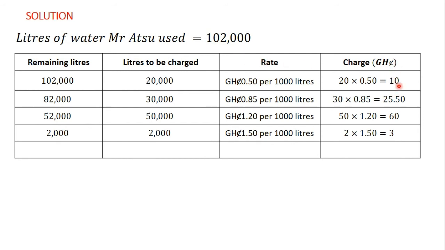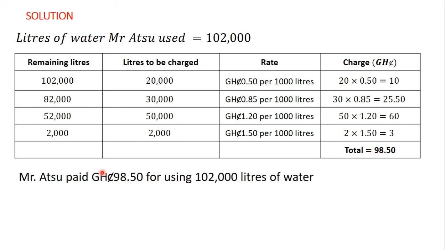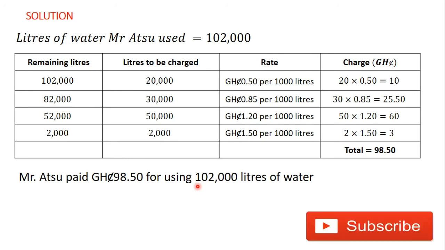So we have 10 plus 25.50 plus 60 plus 3, and that will give us 98.50, meaning that Mr. Achu paid 98 Ghana cedis, 50 pesos for using 102,000 liters of water.